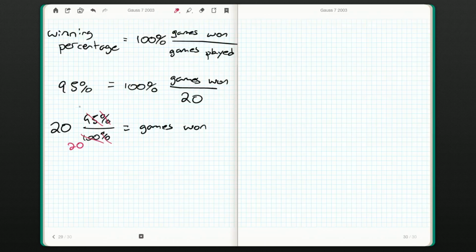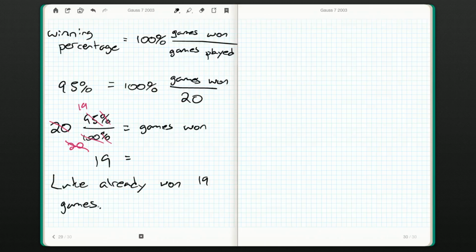There'll be a 20 down here and a 19 up here. And then this 20 and this 20 cancel out. And we'll be able to say 19. So Luke already won 19 games. That's how many he'd won at the start of the question.